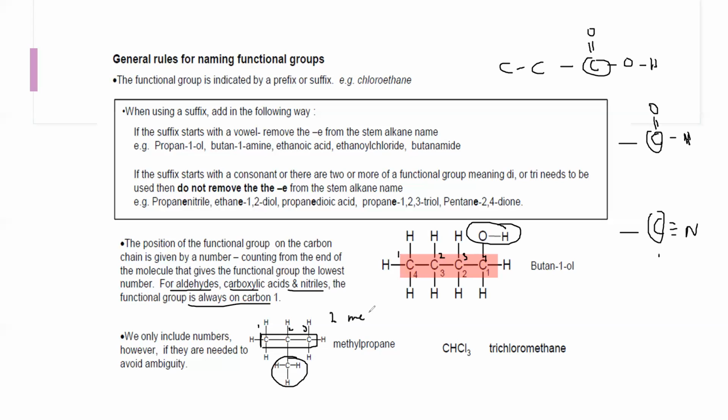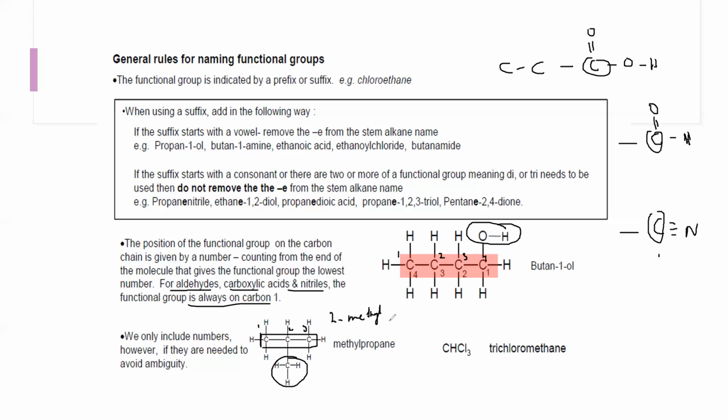So 2-methyl: 2 is the position of the branch, meth because there is one carbon, and yl because it is a branch, and prop because there are 3 carbon atoms, and single bond, ane.